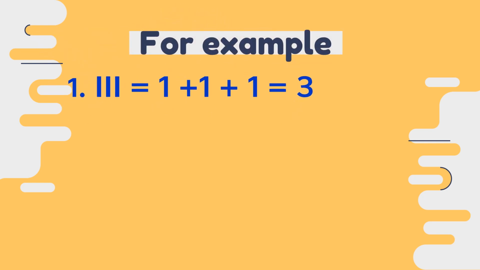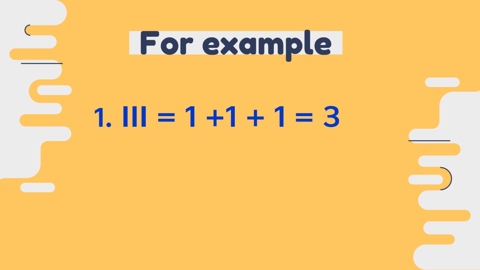For understanding rule 1 even better, we shall discuss some examples. In example 1, we can see that the Roman numeral I is repeated 3 times. According to rule 1, repetition of a numeral means what, children? We need to do addition.